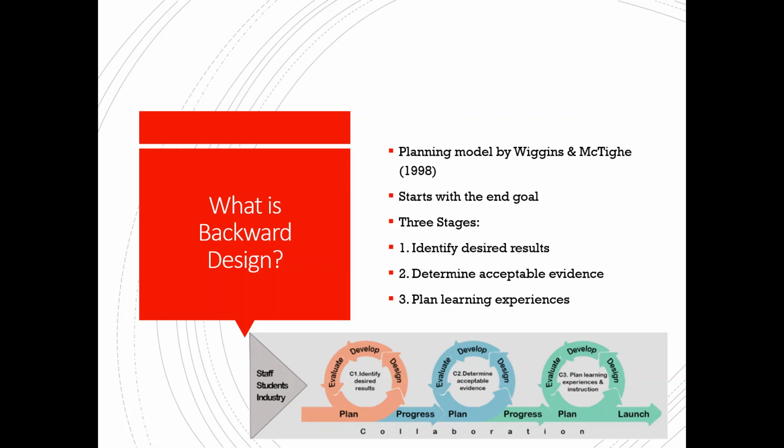And then the third stage is to plan learning experiences and instruction. So these would be the activities that should align to the assessment, not the other way around. Backward design helps to ensure that the assessments and activities are intentional, which I think is the key word, and purposeful. And so let's continue.